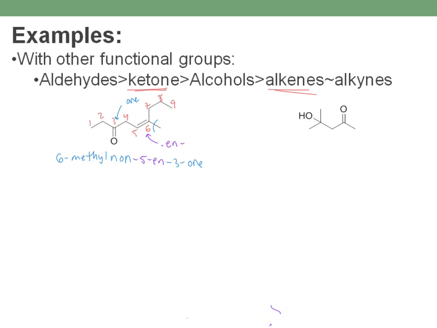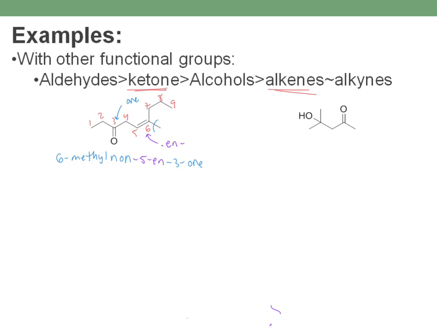Because I've got a hydroxy group, I've got a methyl group coming off of 4, and so I can name this whole thing now. So I would call this a 4-hydroxy-4-methyl-2-pentanone.